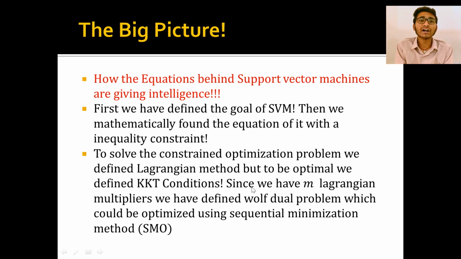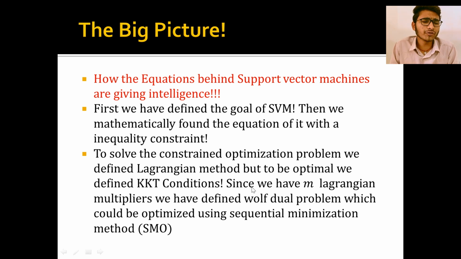We ended up with an inequality constraint. Then who helped us? Lagrangian helped us for the optimization. For Lagrangian we have a limitation: the solutions would be optimal if the constraint is equality. But if it is not equality, KKT conditions should be satisfied. If the KKT conditions are satisfied, those would be optimal.